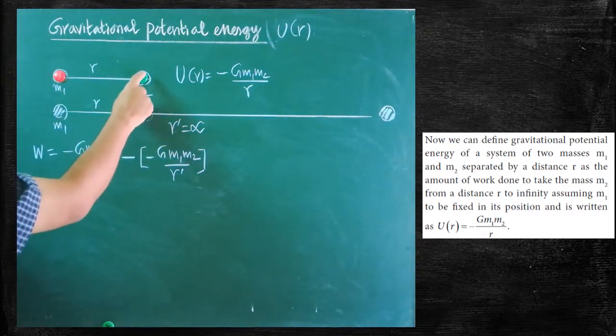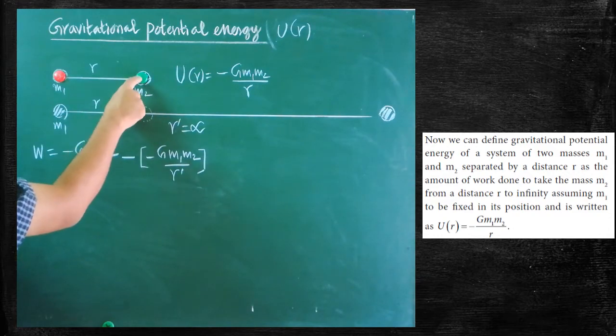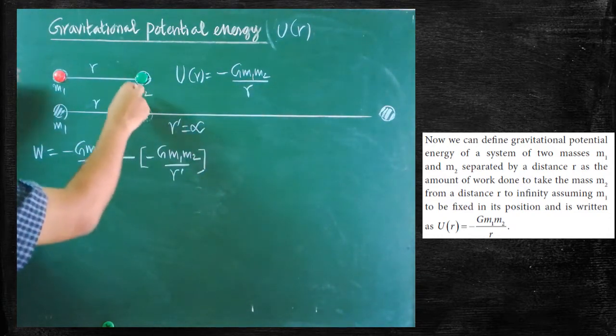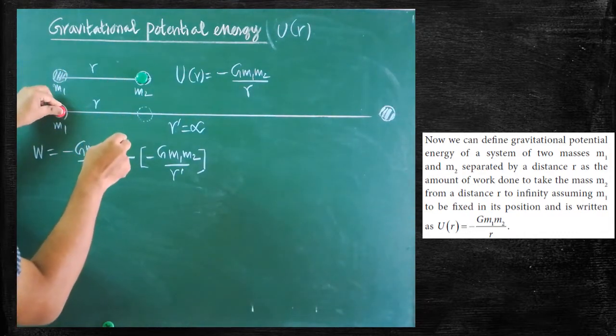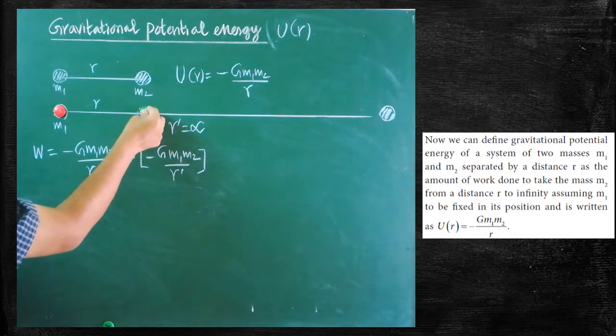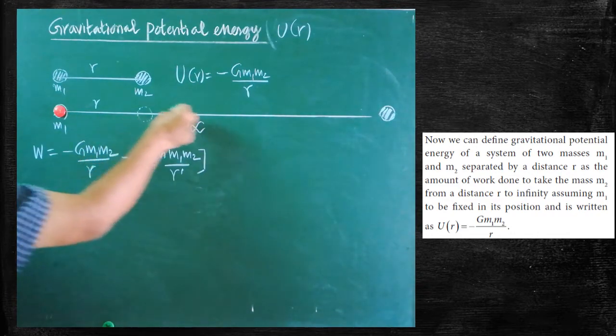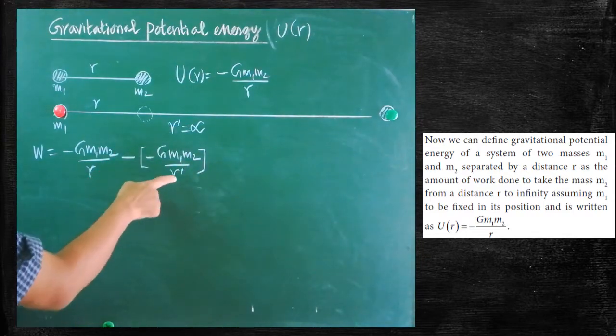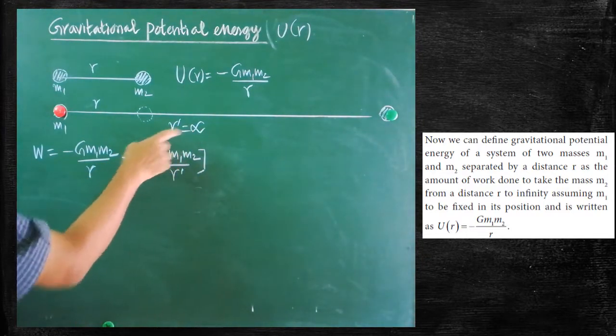Now the mass m2 should be moved from r distance to infinity distance. Look at that, m1 is not altered, its position is static. Now I am going to move this m2 from r distance to infinity distance. Are you clear? So r dash becomes infinity. Instead of r dash, substitute infinity.